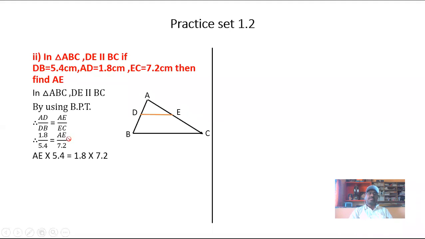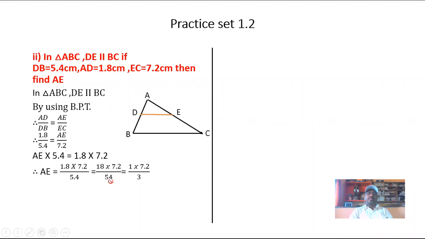Here, cross multiplication: AE multiplied by 5.4 is equal to 1.8 multiplied by 7.2. Then 5.4 goes to the other side as a divisor: AE is equal to 1.8 into 7.2 divided by 5.4. Here 1.8 and 5.4 have one digit after the decimal point, so the decimal point gets cancelled: 18 into 7.2 upon 54.